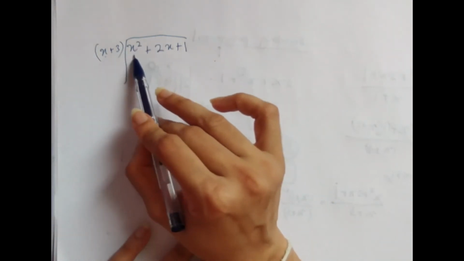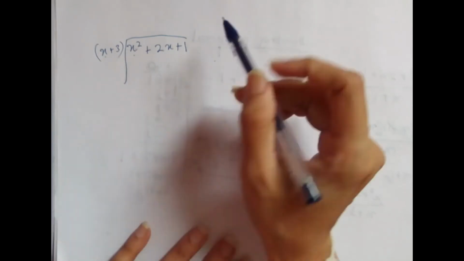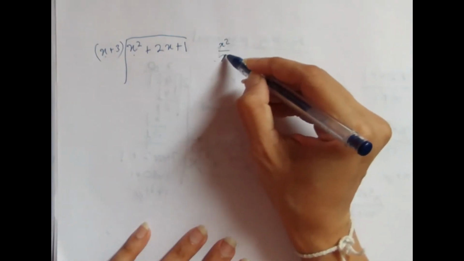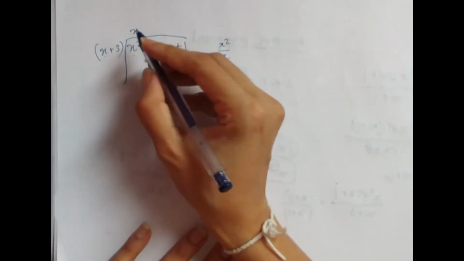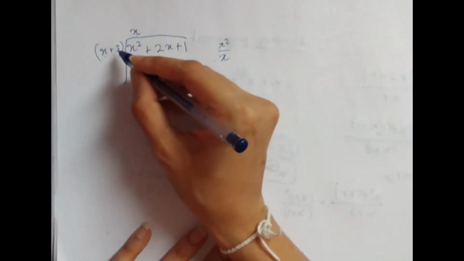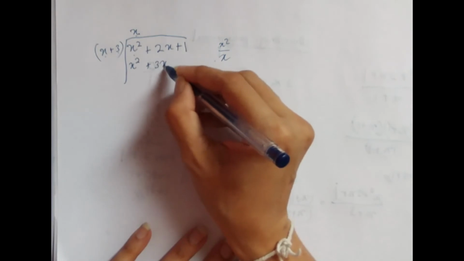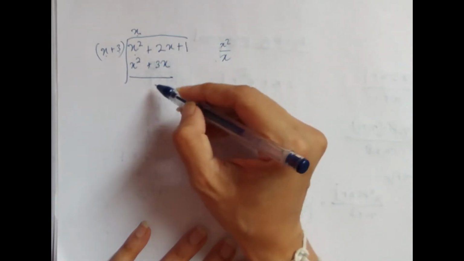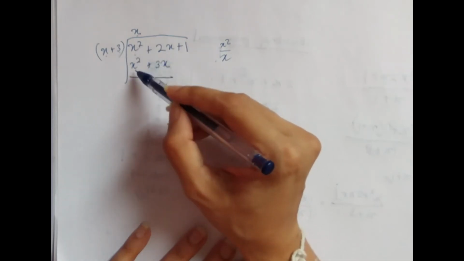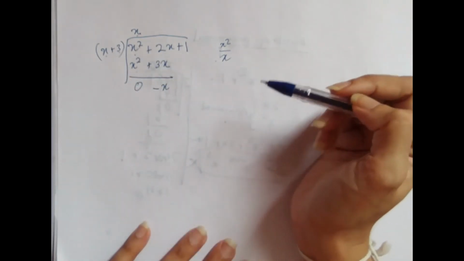So x squared divided by x is x. x into x is x squared, x into 3 is 3x. Then the next step is to subtract: 2x minus 3x is minus x, and x squared minus x squared is 0.